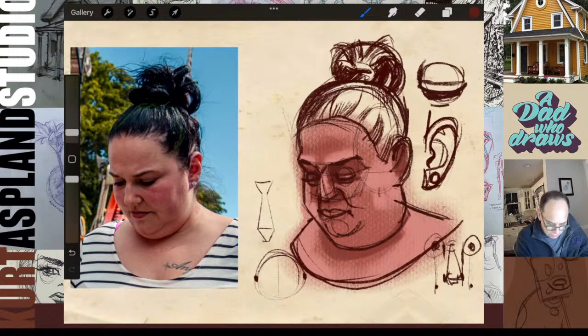And I'm going to even get her lips in here. Bottom lip is slightly lighter than the top lip.